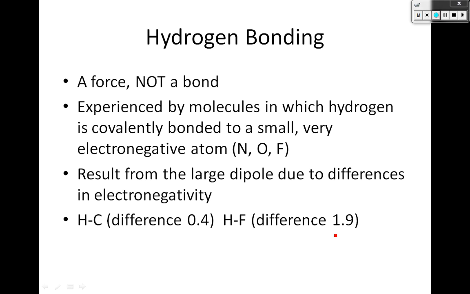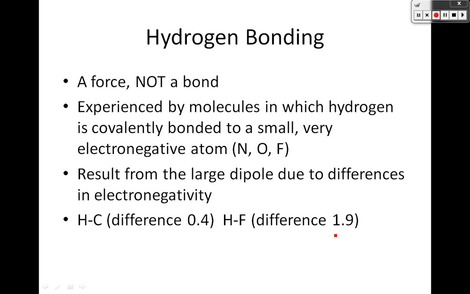It's experienced by molecules in which hydrogen is covalently bonded to a small, very electronegative atom, such as nitrogen, oxygen, or fluorine. It results from the large dipole due to differences in electronegativity. So something that has a much larger difference in electronegativity is going to have a larger dipole, so you're going to have a larger force there.